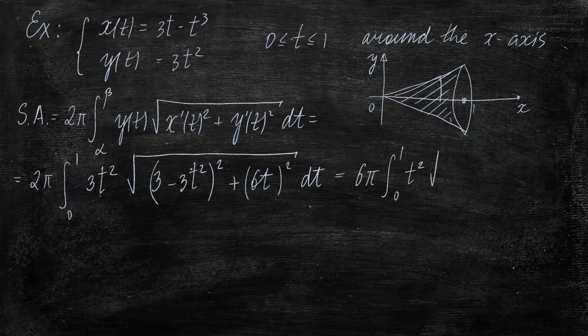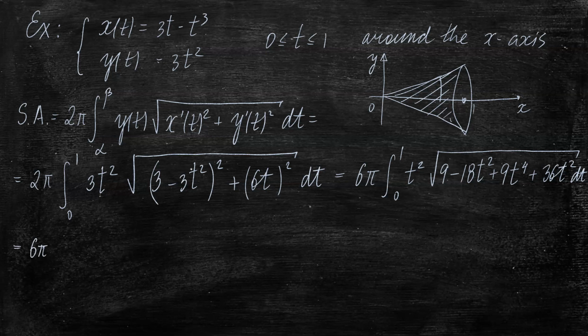So inside of the radical we have 9 minus 18t squared plus 9t to the 4 plus 36t squared. Put this back to t and continuing.